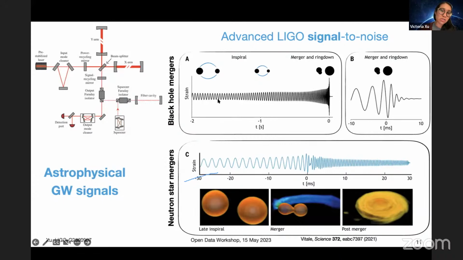So these astrophysical gravitational wave sources, black hole mergers and neutron star mergers, produce very different signals, both in how low frequency black hole mergers are as they inspiral and merge, and how high amplitude they are as they finally merge and ring down, compared to neutron stars, which have a long pre-merger signal and then accordingly a very high frequency post-merger ring down.